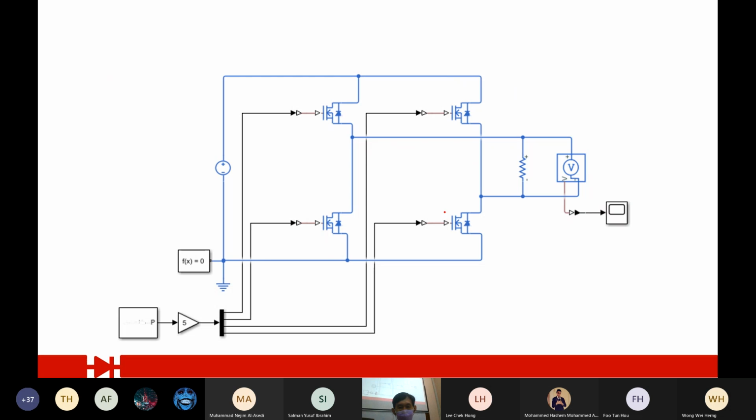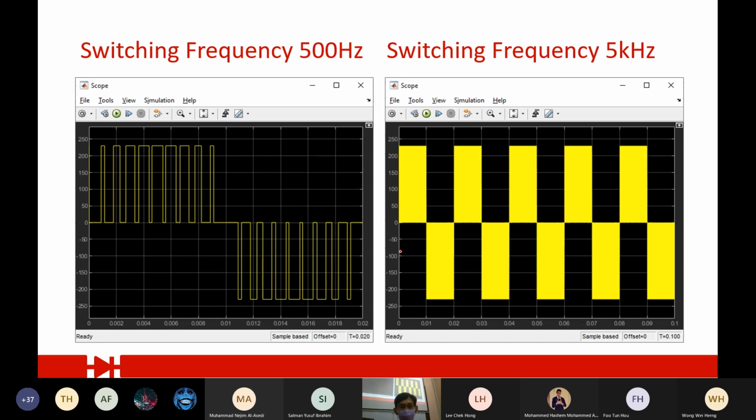Now I think the best thing is that let's do this one. You already created the full bridge last time. Now you use this SPWM output to connect them. If you connect that correctly, remember the switching frequency.